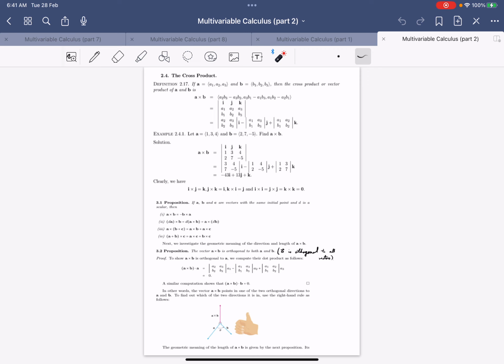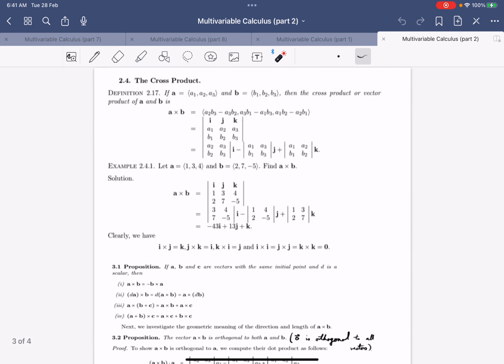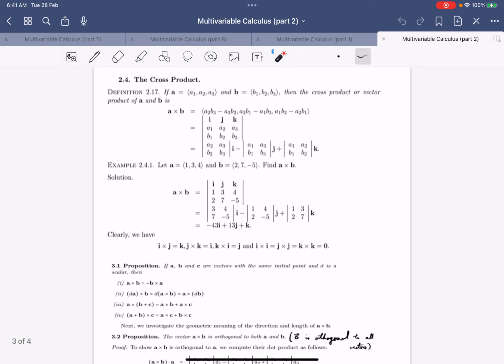And lastly, the last operation we can define, which is only applicable for three-dimensional vectors, is known as the cross product. The cross product is defined to be a2b3 minus a3b2, a3b1 minus a1b3, a1b2 minus a2b1.